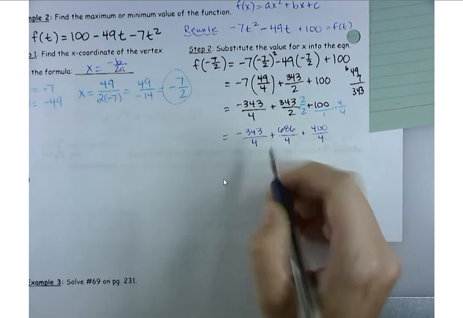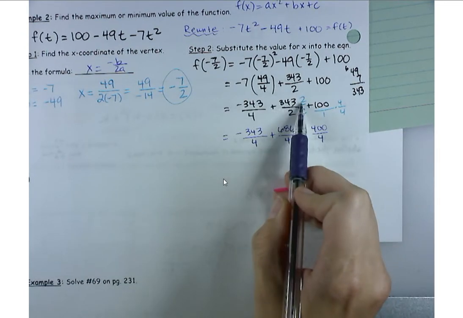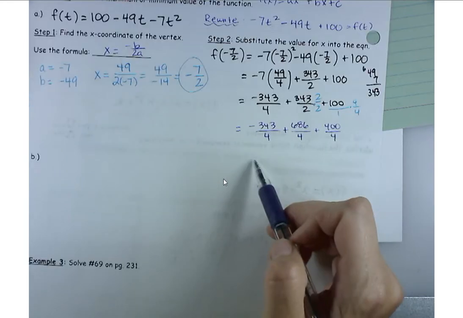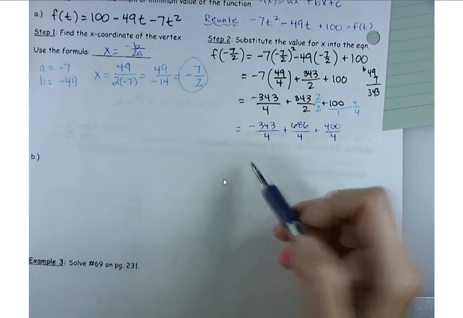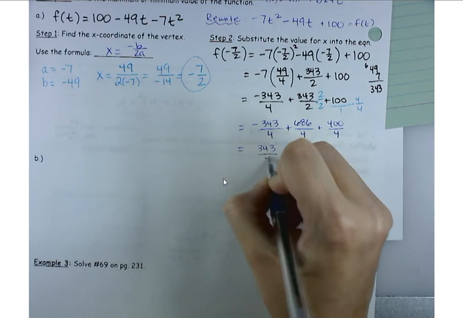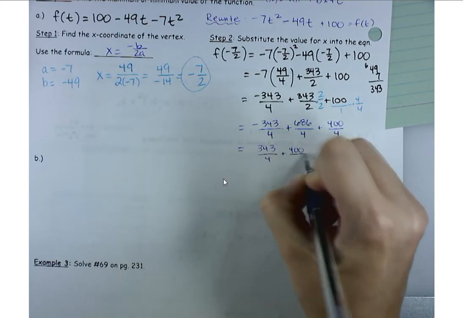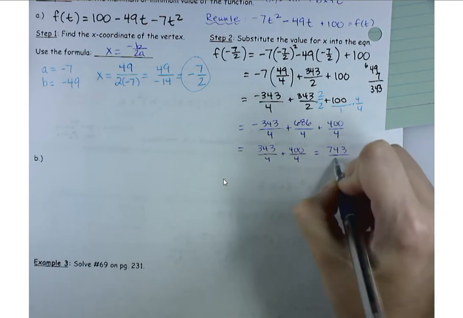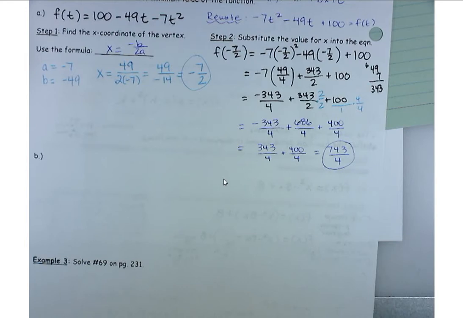Okay, now if this is 343 times 2, and you take away 343, what are you left with? 343. Yep, over 4. And then plus 400 over 4, and you can just go ahead and add straight across. So 743 over 4, and you can leave it just like that.